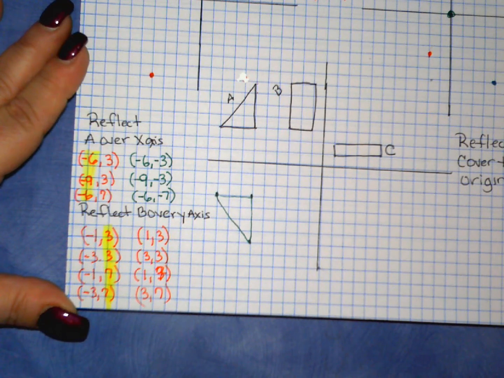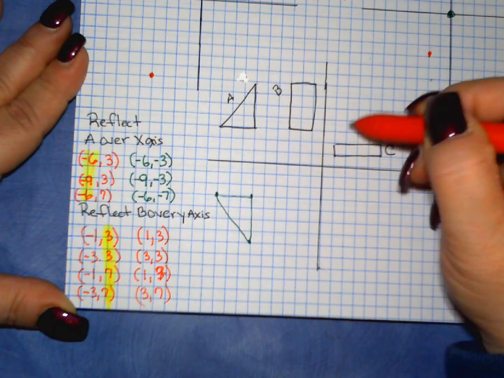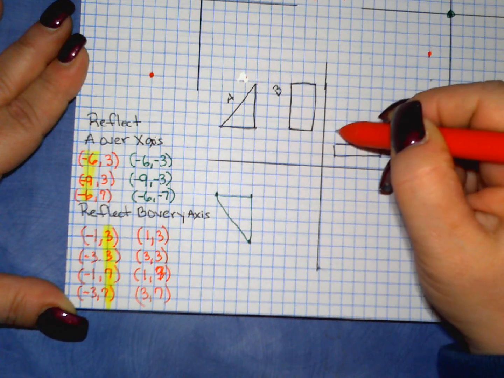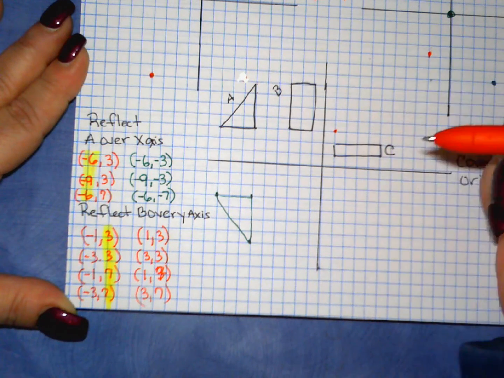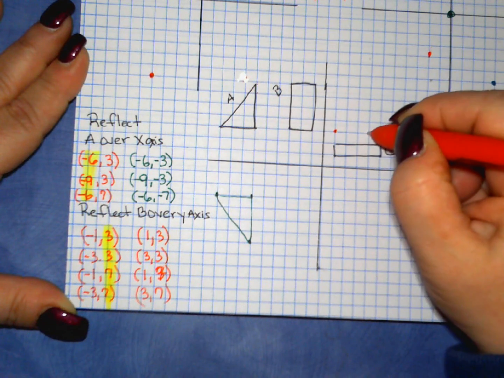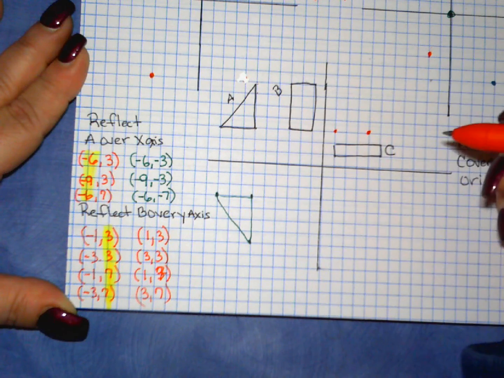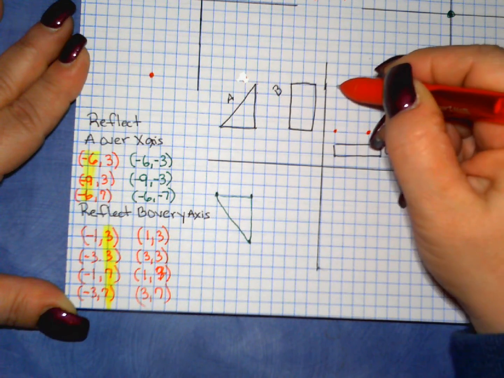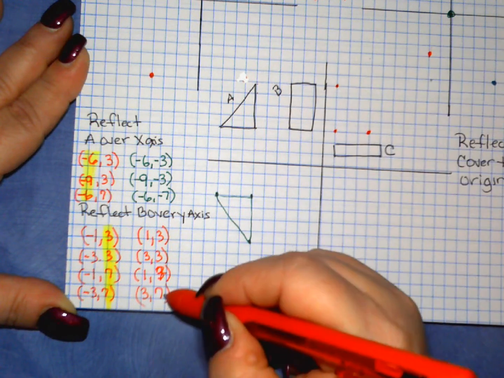So, let's see. 1, 3. 3, 3. 1, 7. Remember, starting here, up to 7. And 3, 7.